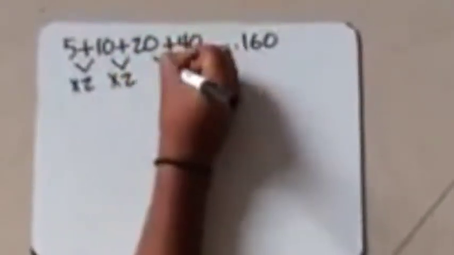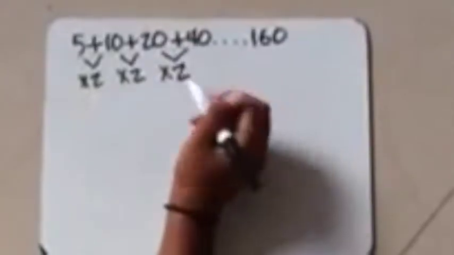So let's try it out with this problem: 5 plus 10 plus 20 plus 40 plus 80 plus 160. The common ratio for these numbers is 2 because they're getting multiplied by 2. So the common ratio, or r, would be 2.